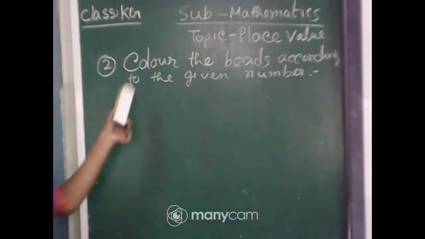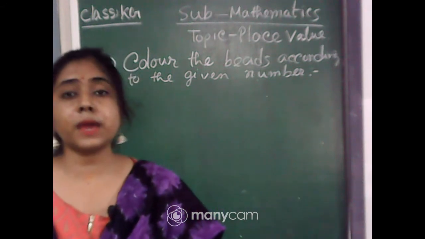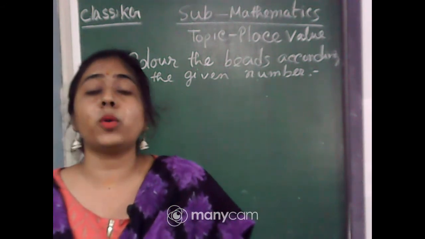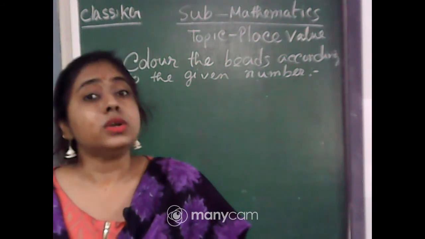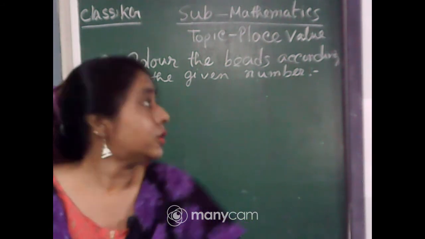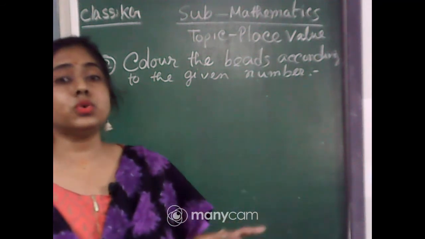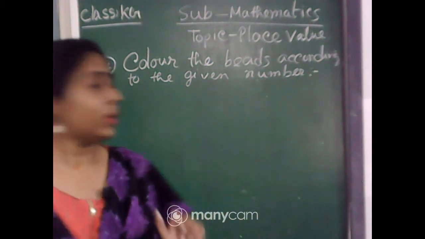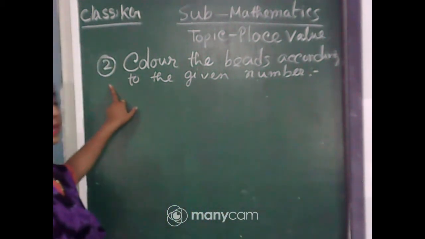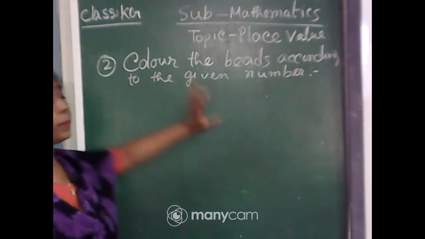Both these types of activity I have uploaded through ePortal, and you have already done this. So you just check whether whatever you did was correct or wrong. So now our activity is color the beads. It is very important, color the beads.